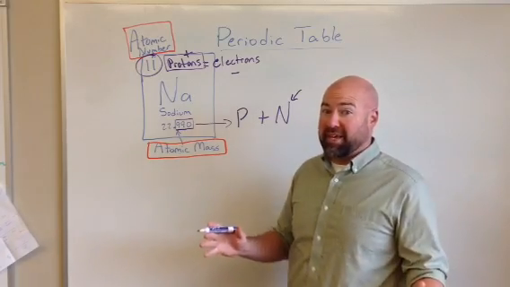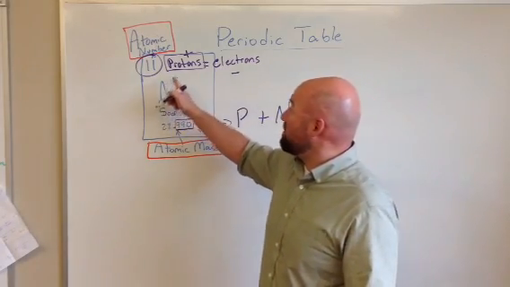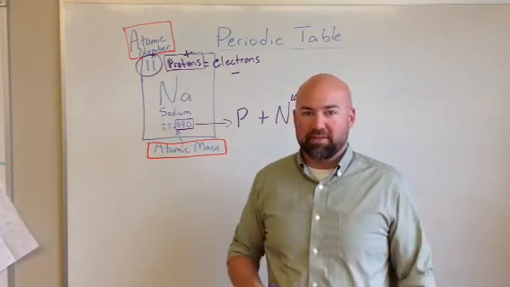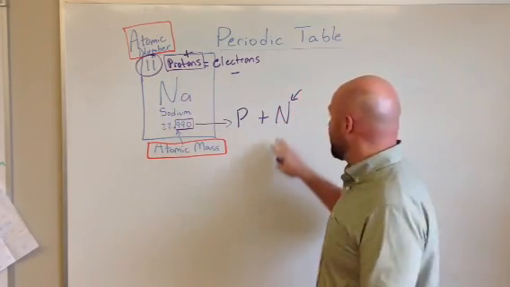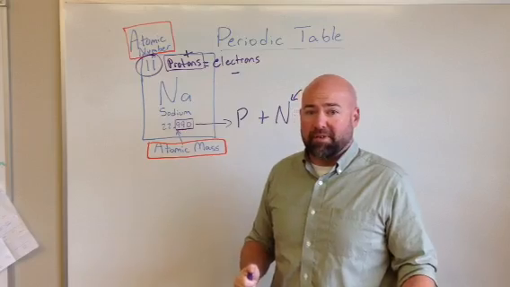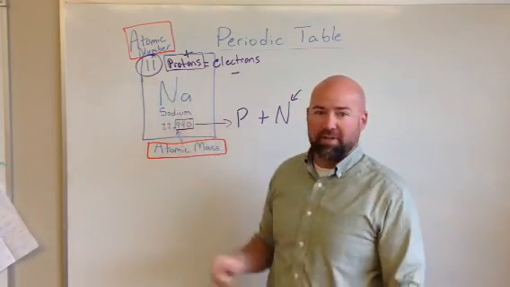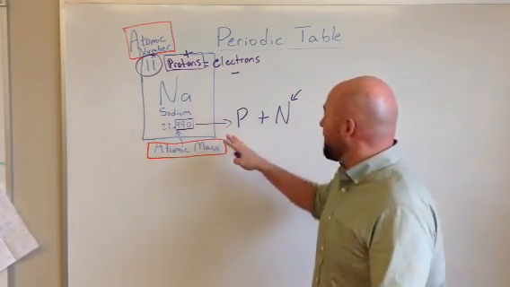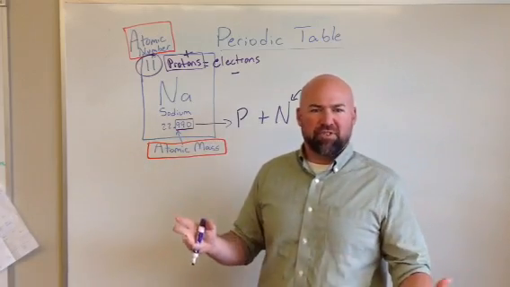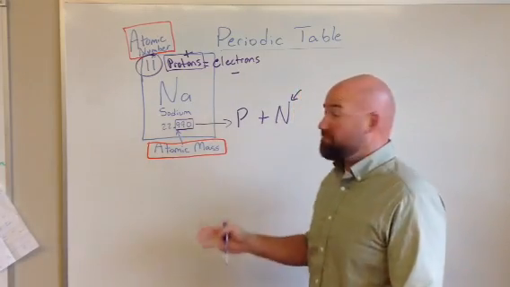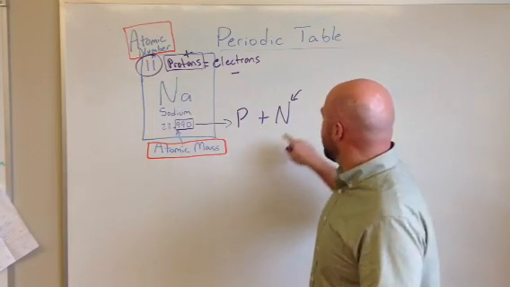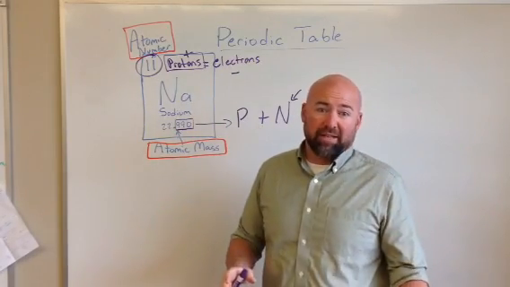Remember, the only thing that makes this sodium is that it has 11 protons. We can change the number of neutrons and we still have sodium as long as we have 11 protons in our atom. So this is actually an average number because there are some sodiums with more neutrons and some with less.